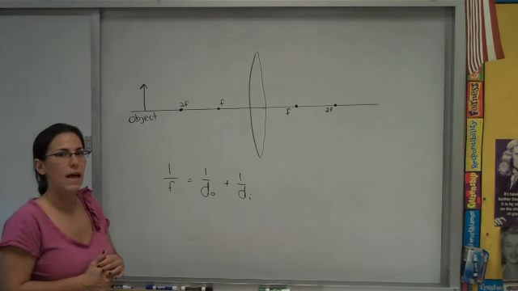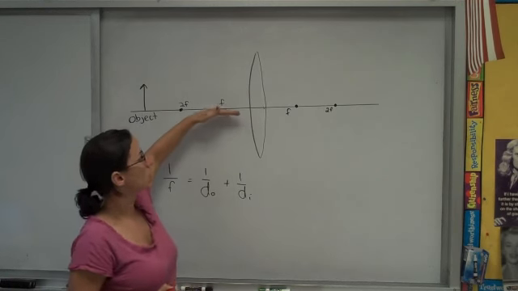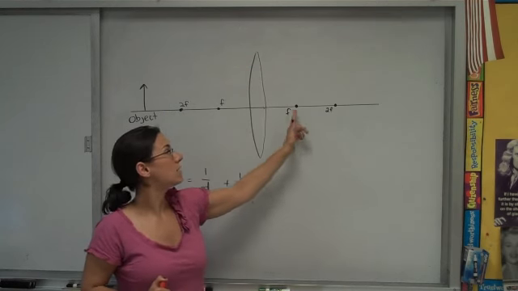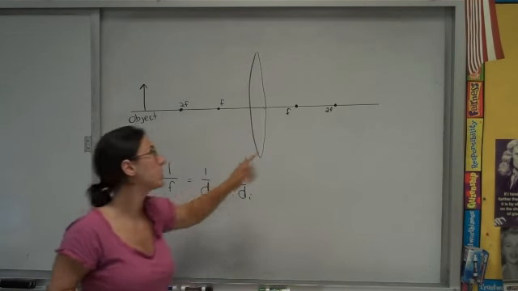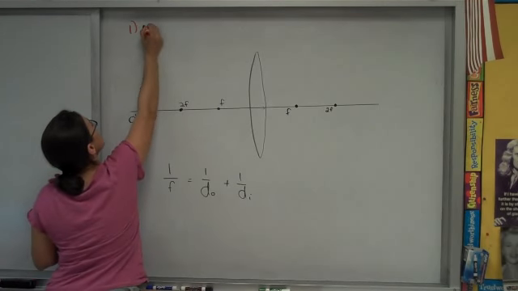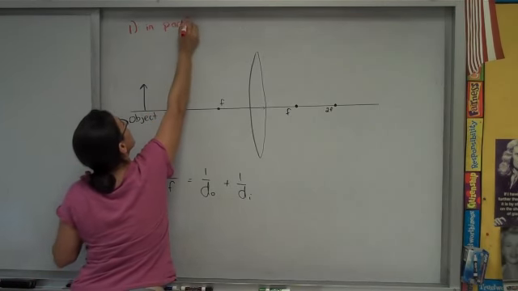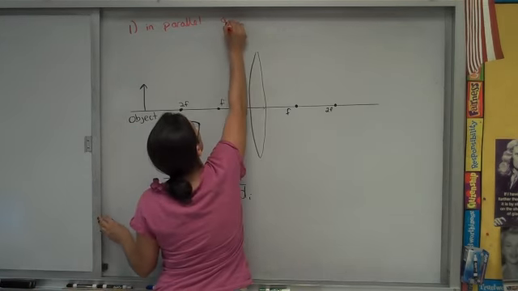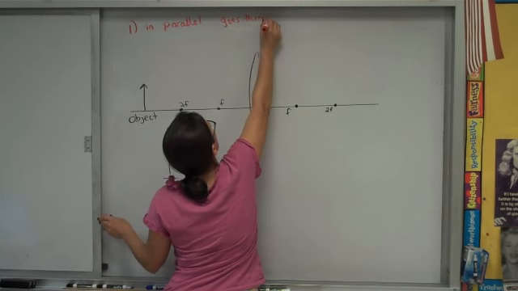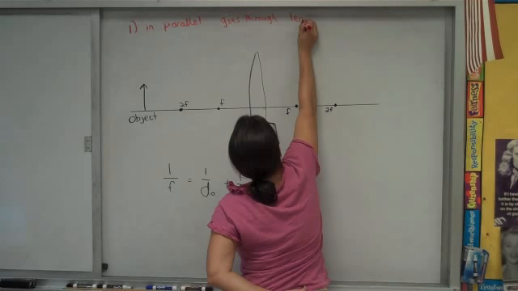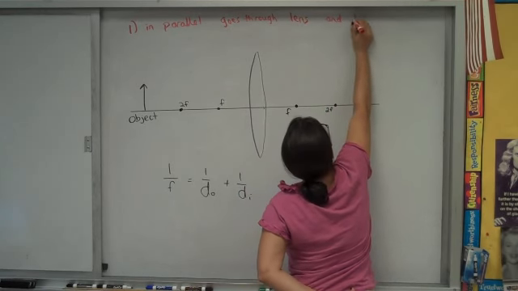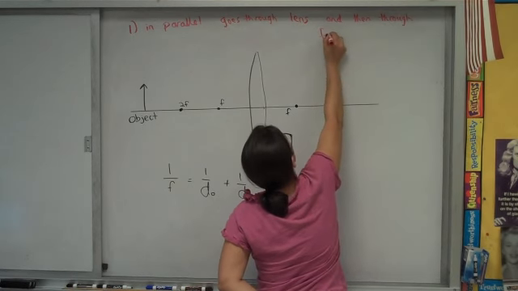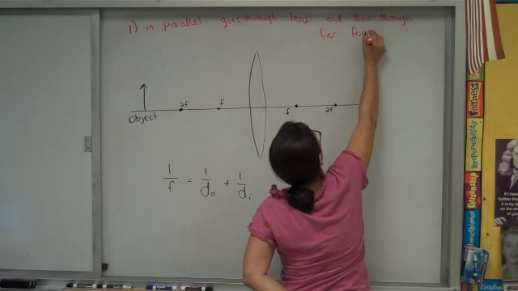Rule number 1 says that any light that enters parallel to the principal axis is going to pass through the lens and then end up passing through the far F, the F on the other side, so the far focal point.